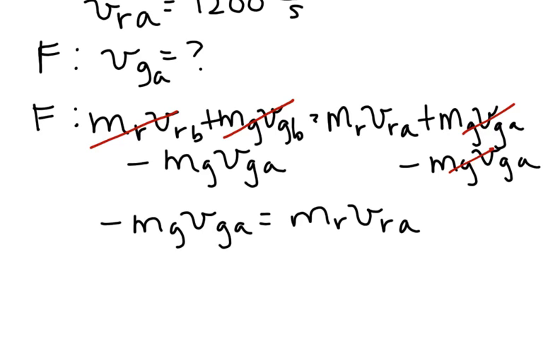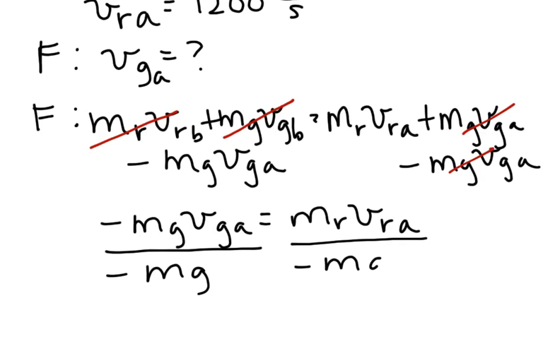I'm trying to find the velocity of the gas after, so I'm going to divide both sides by negative mass of the gas. And so I have an expression for the velocity of the gas after.